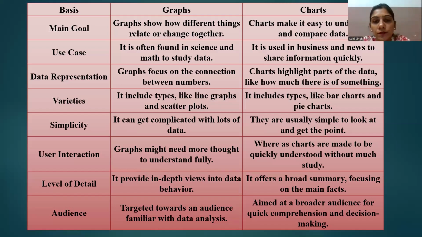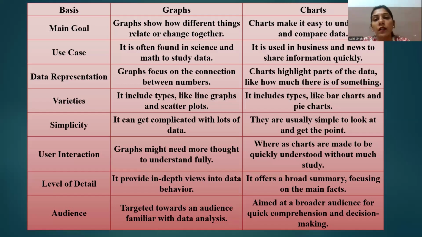Data representation: graphs focus on the connection between the numbers, whereas a chart highlights the part of the data, like how much there is of something. Variations: graphs include types like line graph and scatter plot, whereas charts include bar diagrams, bar charts, and pie charts.